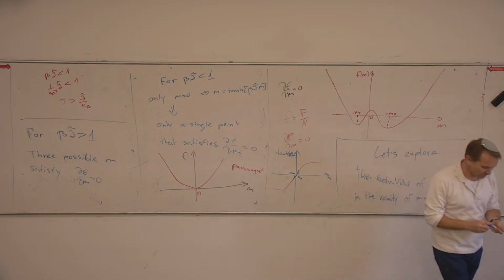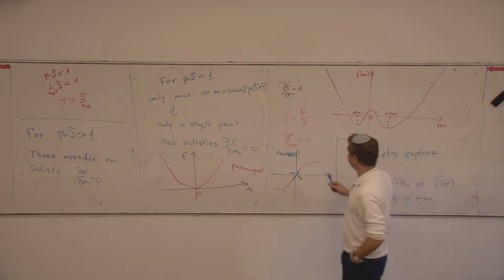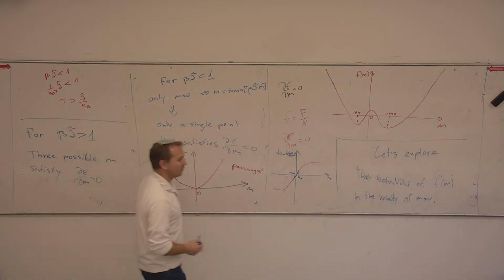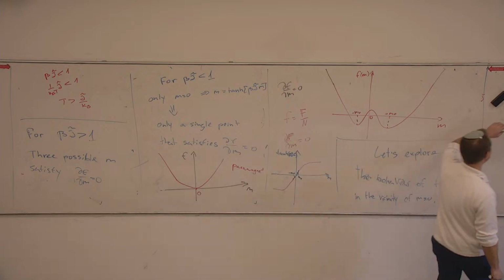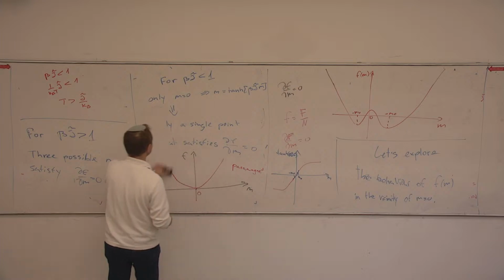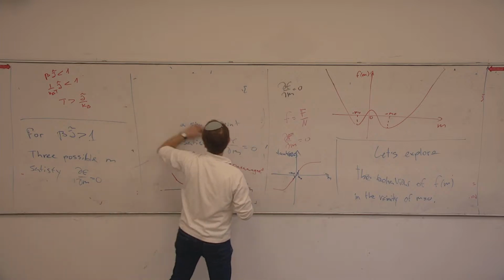So I suggest that we explore our f in the vicinity of 0. Let's write down our f, and we still do not consider, and I don't think we will have time to consider, what happens to the external field.